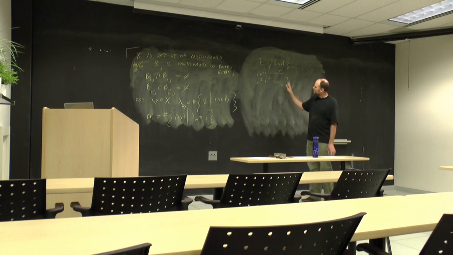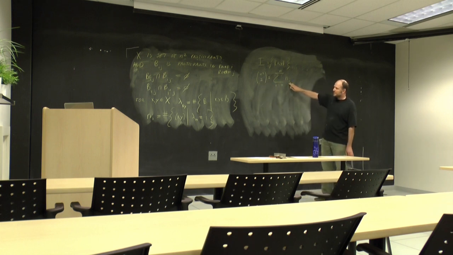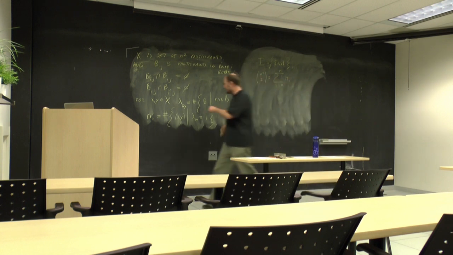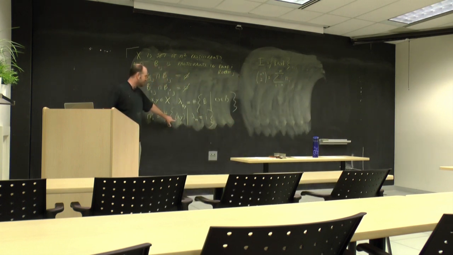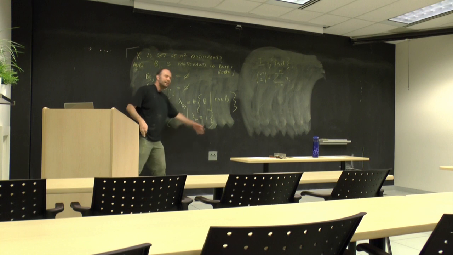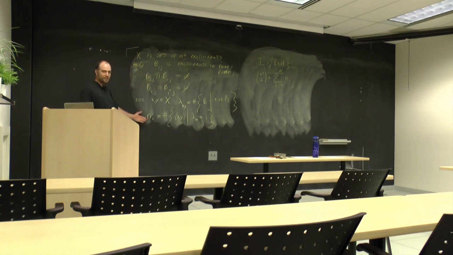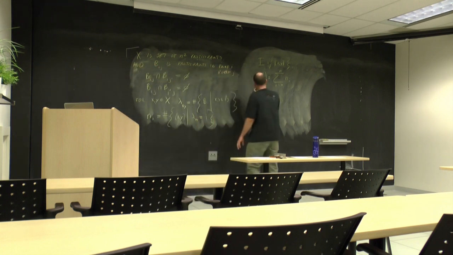So it should be clear that the number of pairs is also just the sum of the ni's, because every pair has to land in one of these sets. It has some I, and I'm just adding up the sizes of those sets, which are all disjoint. So that is double counting, but it's not crazy double counting.